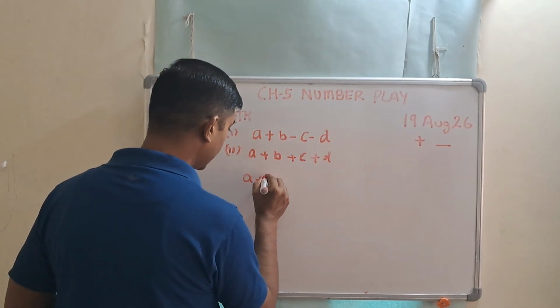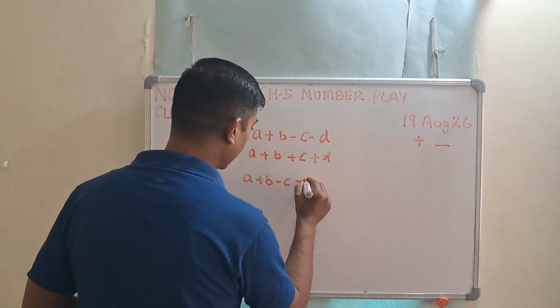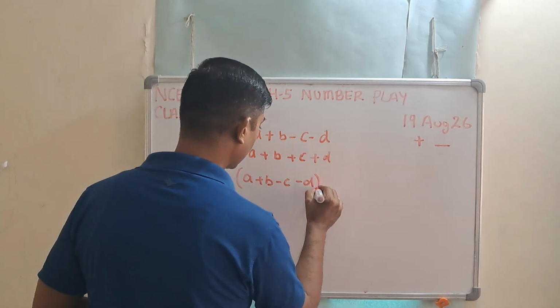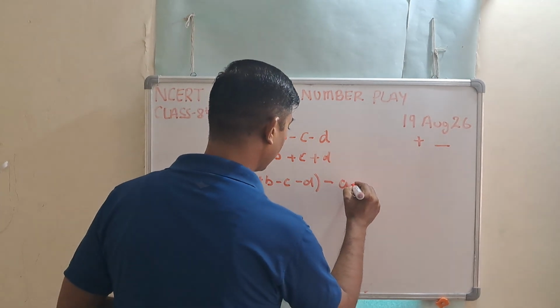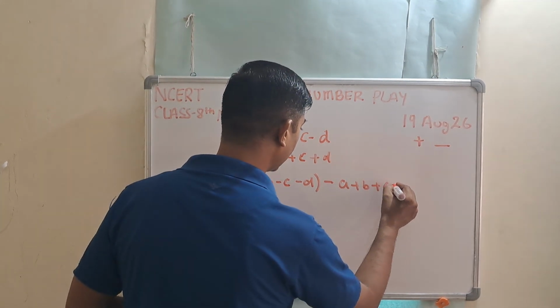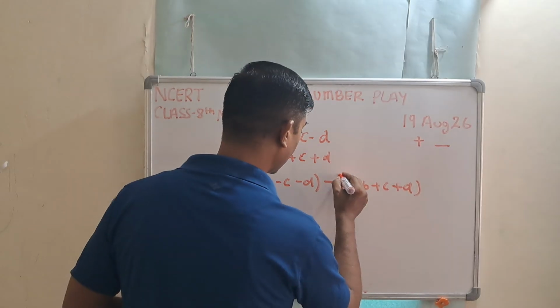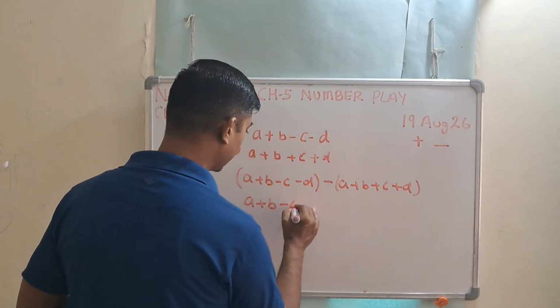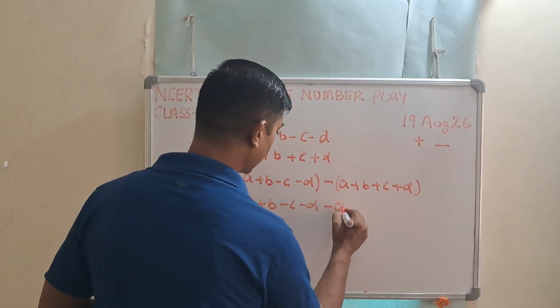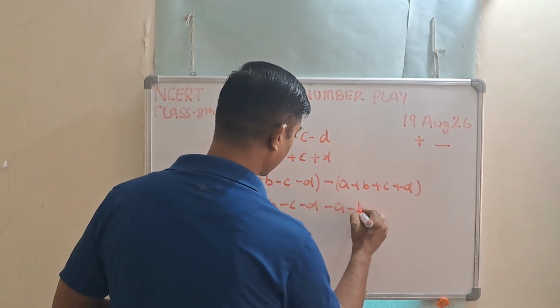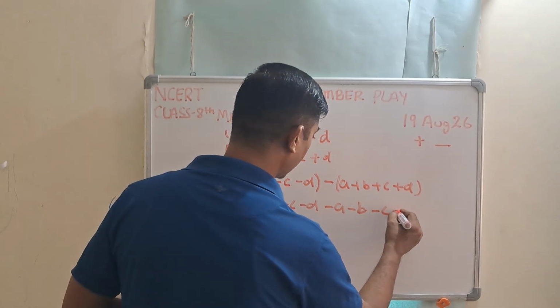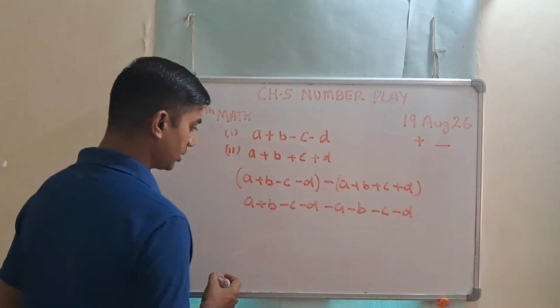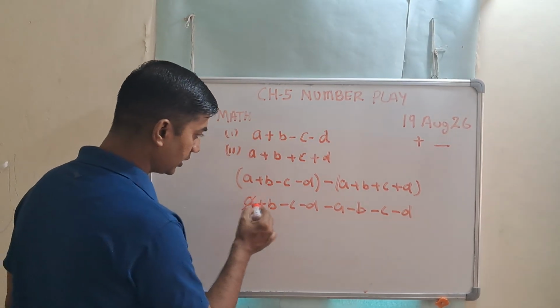Now, A plus B minus C minus D, minus A plus B plus C plus D. When you open the bracket, you will get the result A plus B minus C minus D minus A minus B minus C and minus D. What numbers are cancelled out?